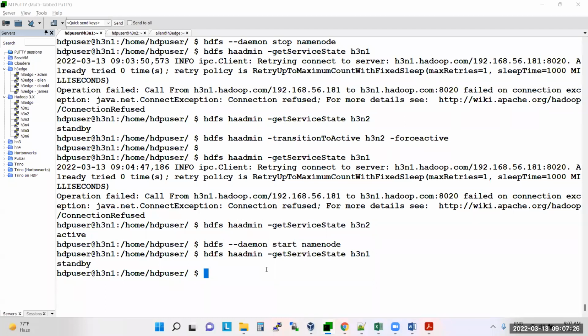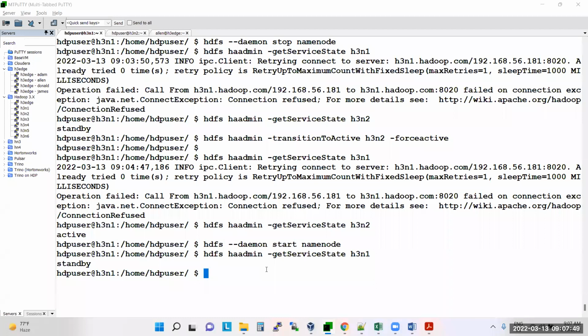The first problem is solved, and the second problem, the chance of losing data if edits are lost, is also solved. And if any new name node is introduced, we just give the shared path in the configuration file, nothing other than that.